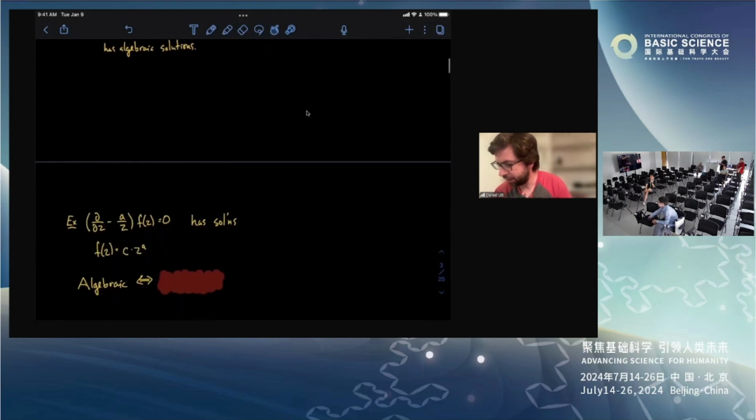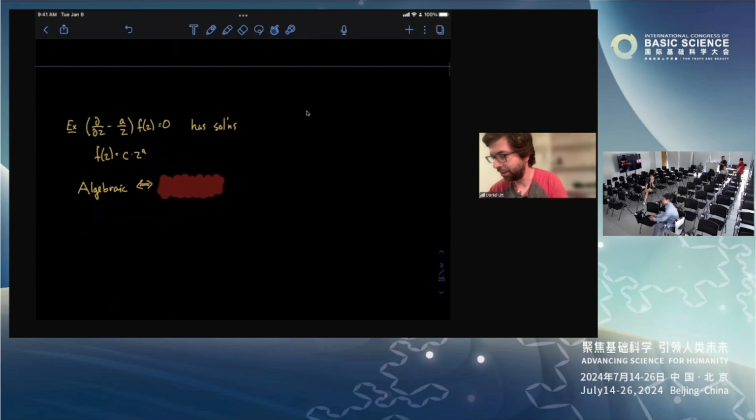Okay, so let me give you an example just to show you that even in the simplest cases, the answer can be a little bit subtle. Here's a differential equation. Here, a is a complex number, and the equation is d/dz minus a over z times f of z equals 0. This is a linear differential equation, and it's pretty easy to write down a full set of solutions.